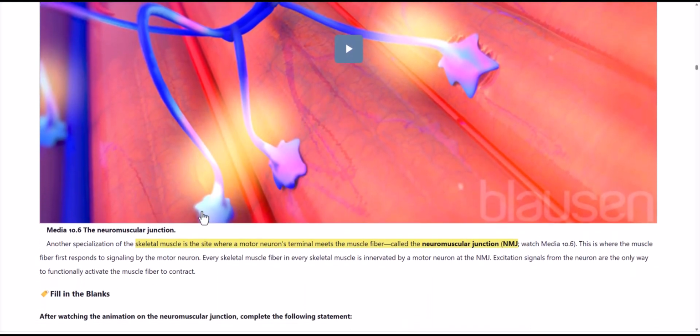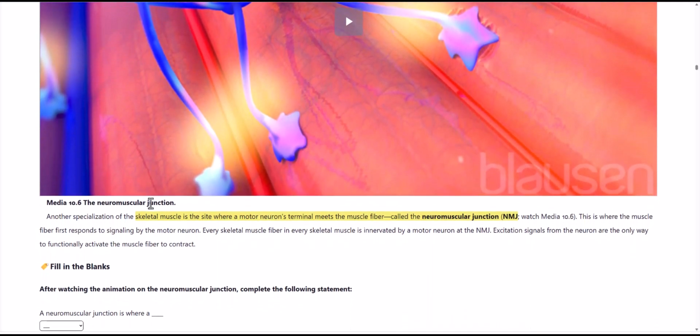I'm going to mention this term, neuromuscular junction. I told you that the nervous system interacts with muscle cells, telling them to get excited and to contract. Well, where the neuron, the nerve cell, connects to the muscle cell is referred to as the neuromuscular junction.